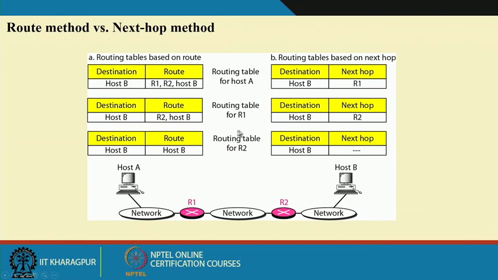Router R2 says that it is connected with this particular network, so there is no next stop and you can go directly. Now, you see this is next-stop-based routing. The individual routers R1 and R2 maintain routing tables that say, given a destination, where the packet should be pushed, right. So, that is next-stop-based routing.